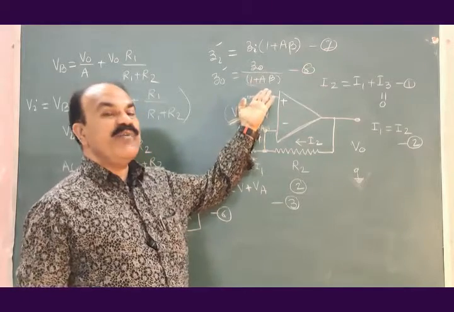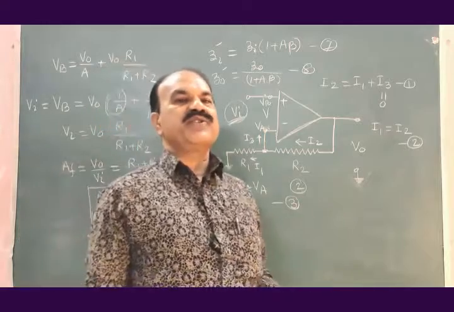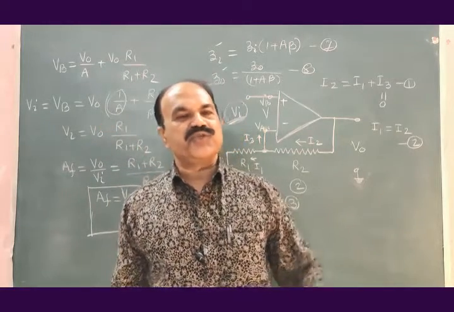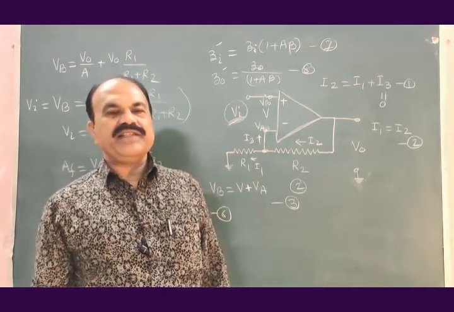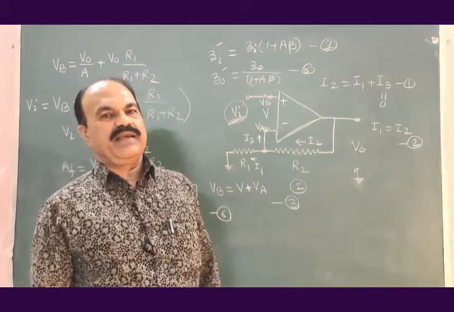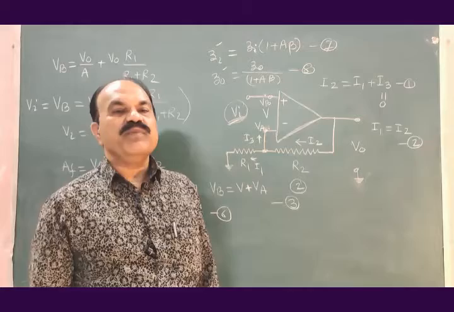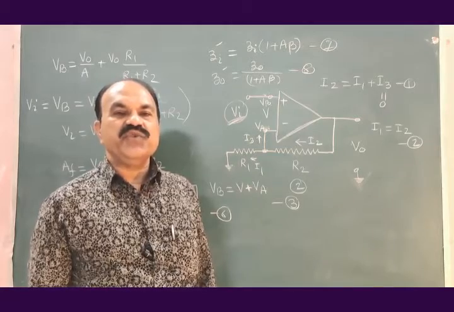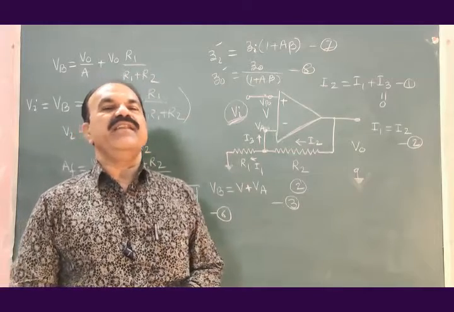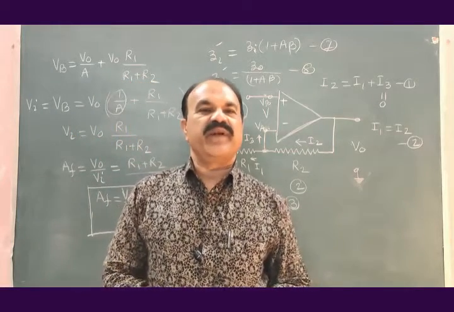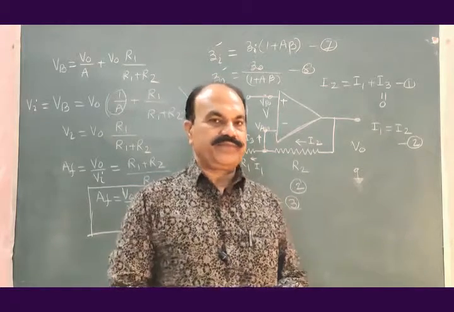It is decreased by how many times? 1 plus A beta times. So output impedance of the operational amplifier decreased to a very small extent. Decrease is very large, and therefore input and output impedance of the operational amplifier when it is used in non-inverting mode will be comparable with the ideal values of input and output impedances of an ideal operational amplifier.